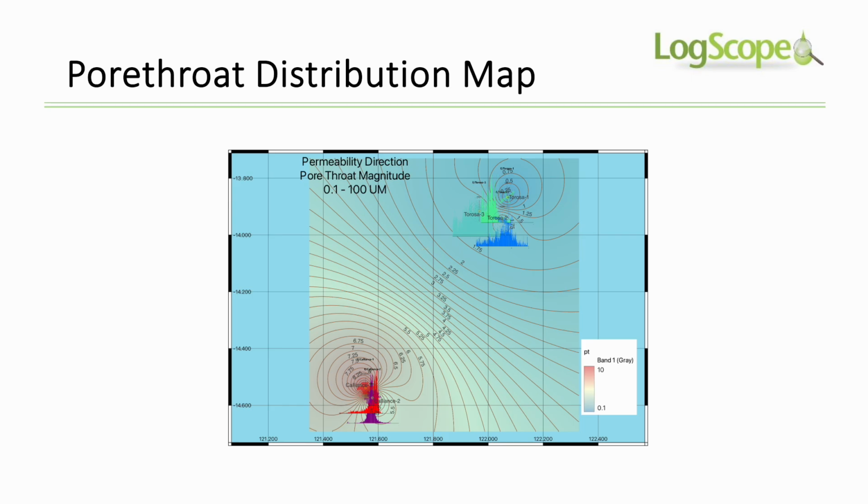We've got plotted on this the pore throat distribution, the histograms plotted 0.1 to 100 microns, and we've also got polar plots of the permeability orientation. Generally, the permeability orientation is south to north, with lateral accretion east-west.